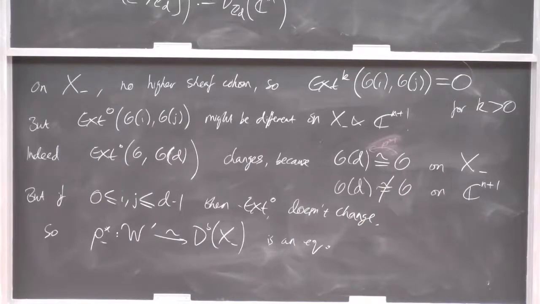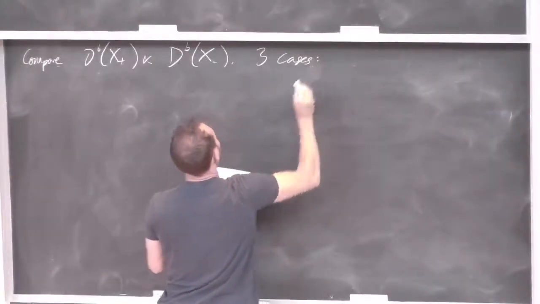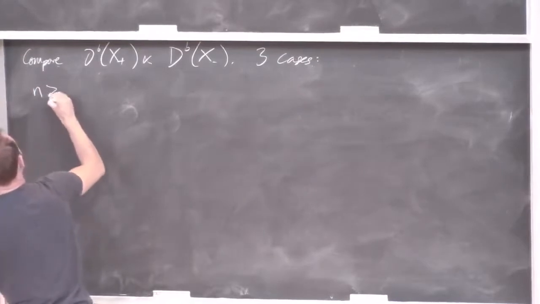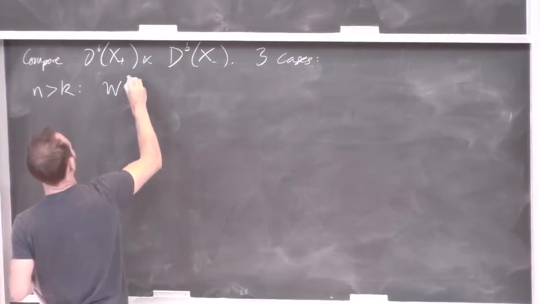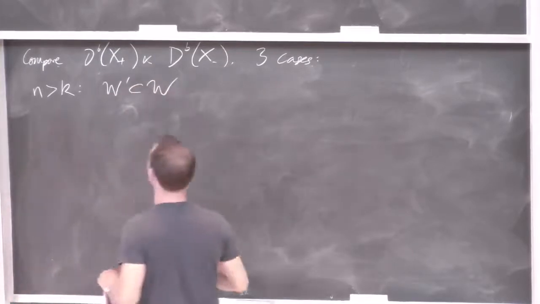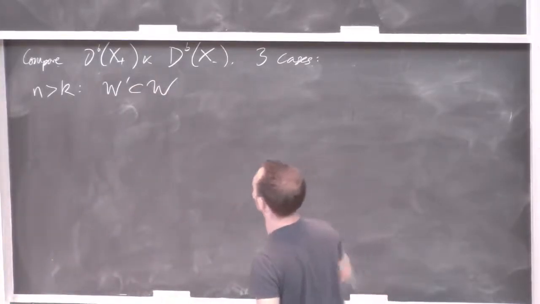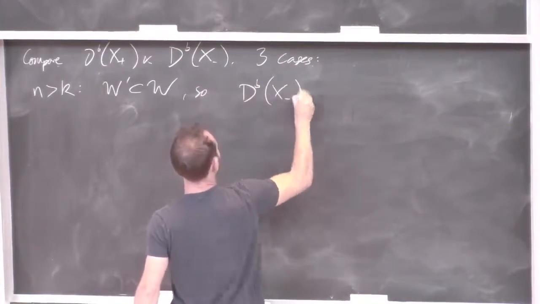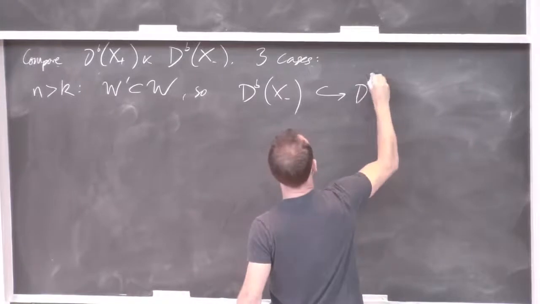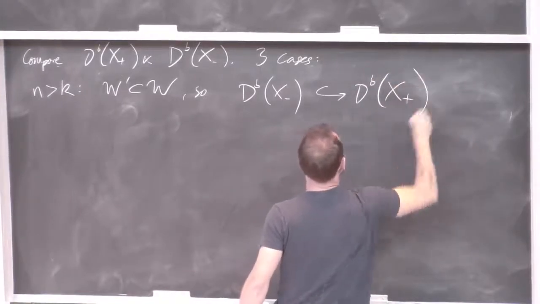So let's compare these two guys. There are three possible cases. If n is bigger than D, then W prime sits inside W. So the derived category of the orbifold sits inside the derived category of the space.